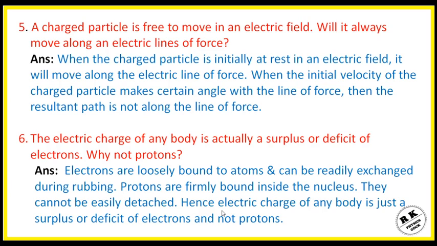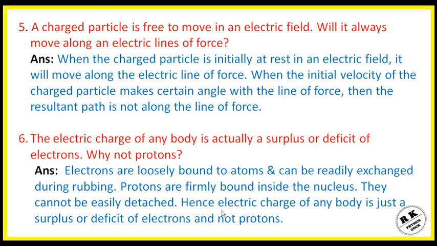Electrons are loosely bound to atoms and can be readily exchanged during rubbing. Protons are strongly bound inside the nucleus. They cannot be easily removed from the atom or nucleus. Hence, electric charge of anything is just a surplus or deficit of electrons, not protons.